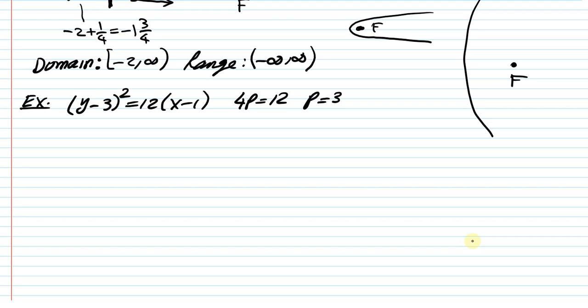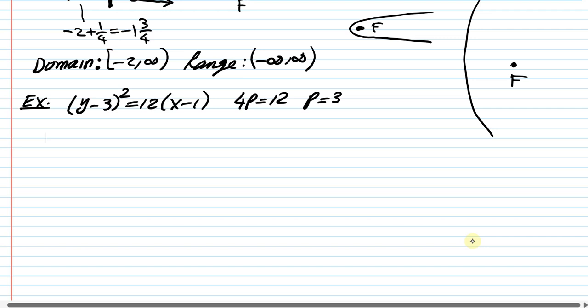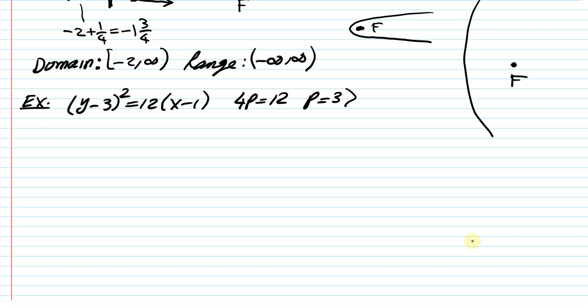This one, the square is on y, correct? If the square is on y, then the parabola right here, square is on y. So this parabola is going to open to the sides. P is greater than 0, so it's going to open to the right. Okay, and so we know that much so far.